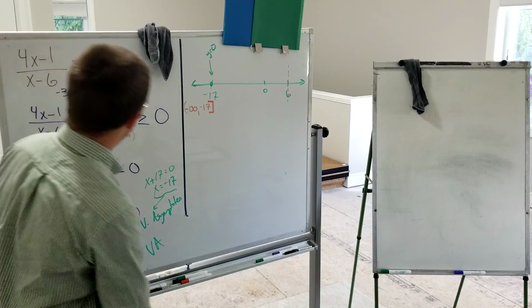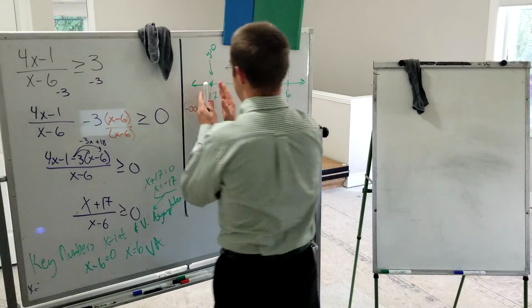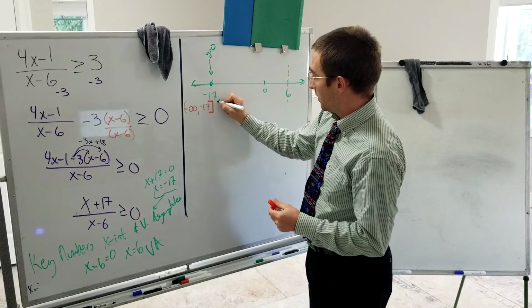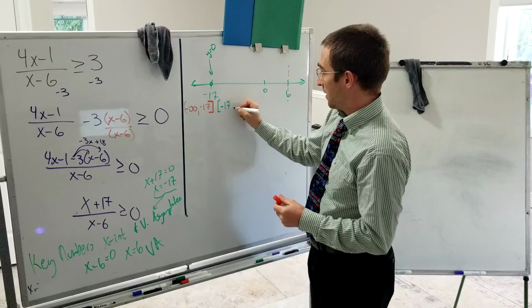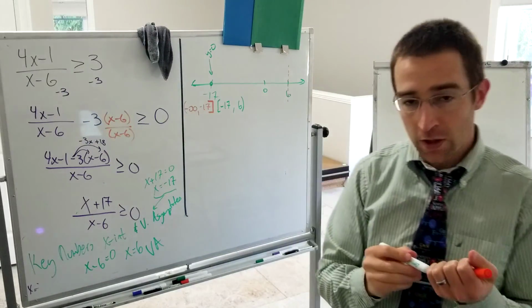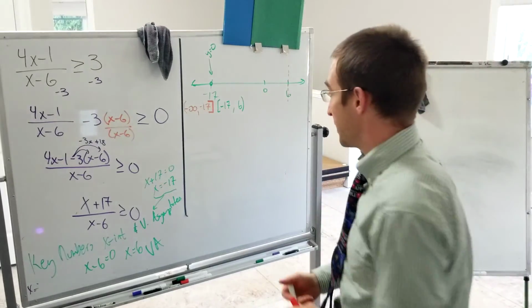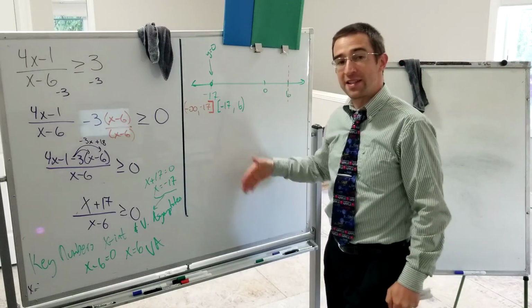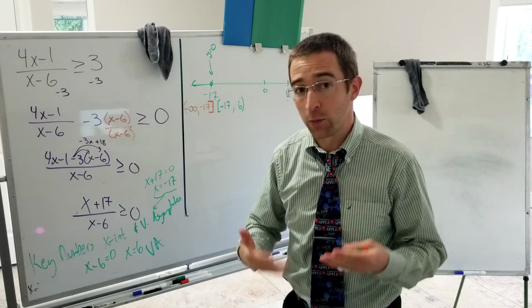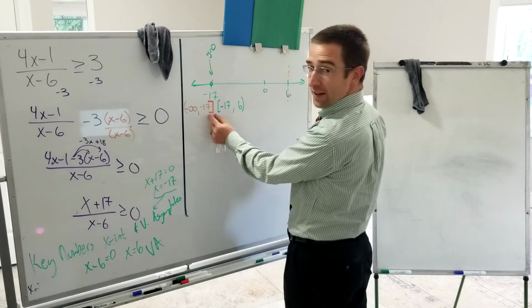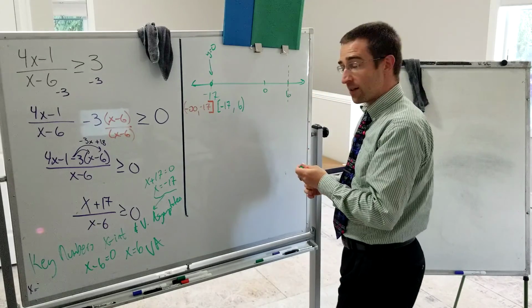So negative 17 is going to be included. And then here I get negative 17 to 6. I'm going to put a parenthesis on the 6 though. The reason I'm putting a parenthesis on the 6 is because the 6 represents a vertical asymptote, which means the output is undefined when x equals 6. So that's the difference between the bracket on the negative 17 and the parenthesis on the 6.